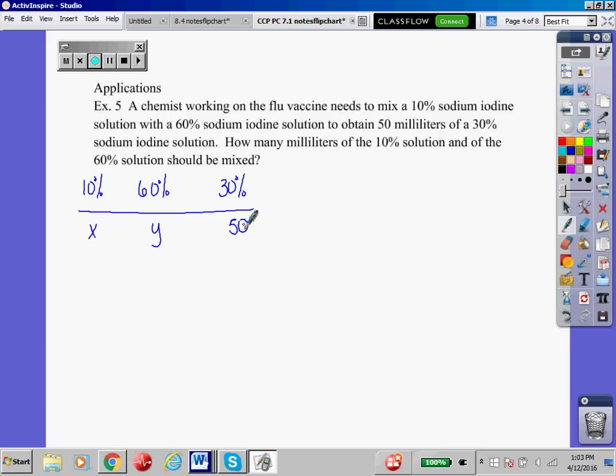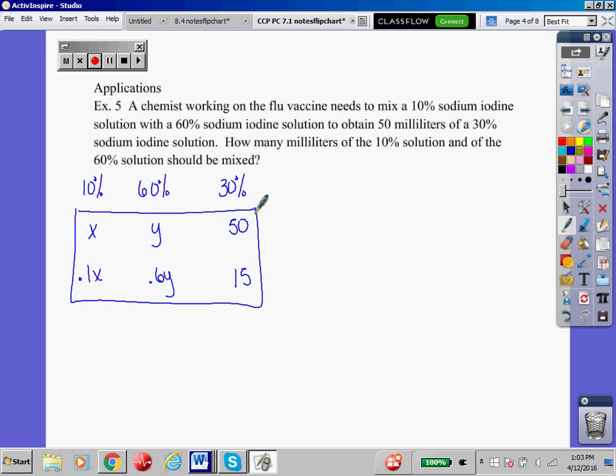So X is the number of milliliters at 10%. Y is the number of milliliters at 60%. So then what you can do is you multiply these. And then what is 0.3 times 50? Wouldn't that be 15? Yeah.